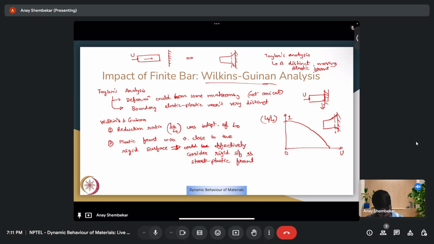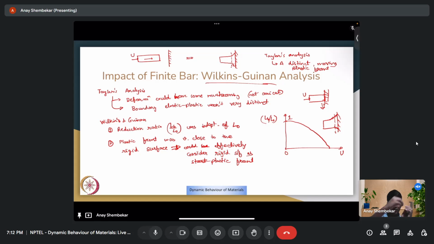I think a little more discussion is required. When the bar impacts the rigid surface, stresses are generated, and that will cause an elastic wave to move to the free end, the opposite end of the bar. If that stress exceeds the elastic limit, the material will undergo plastic deformation.